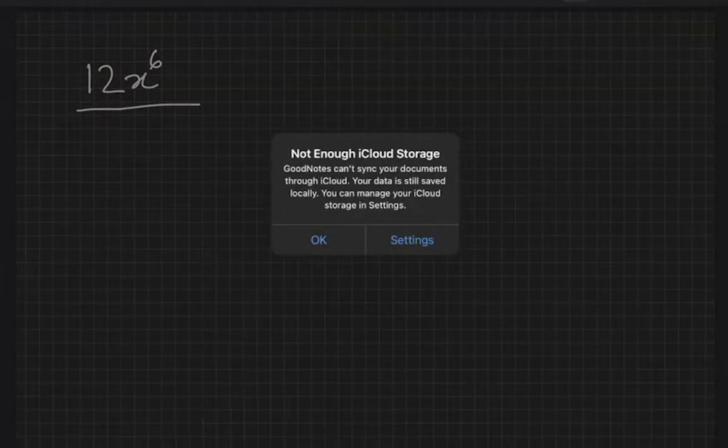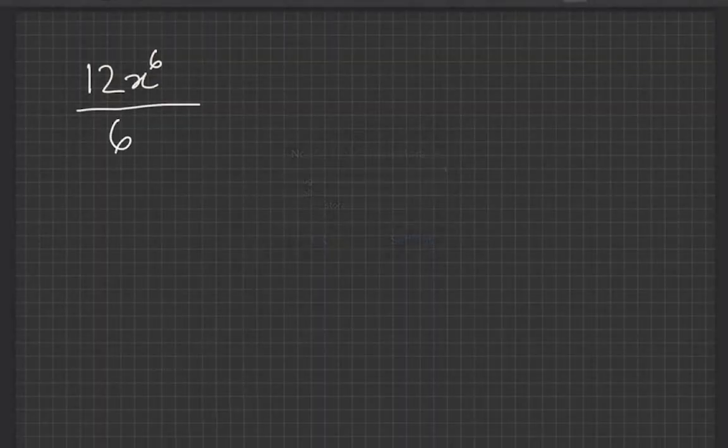So let's take an example here. Let's say 12 x to the power 6 divided by 6 x to the power 2.